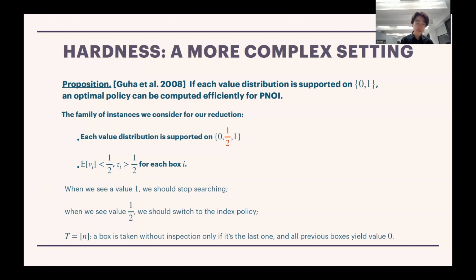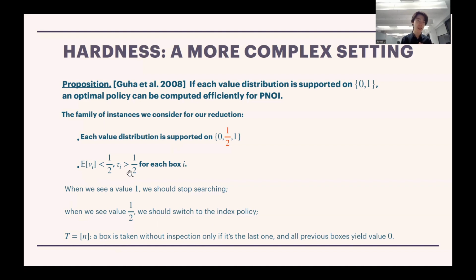And you can also show that a box is taken without inspection only if this box is the last one. Because if you take a box without opening it, then in effect you get a value smaller than 1/2, but then you will regret it, because you know, oh, I still have a remaining box with index greater than 1/2.